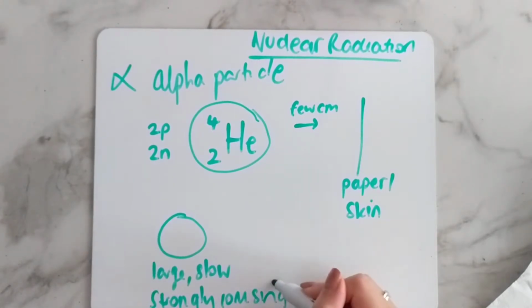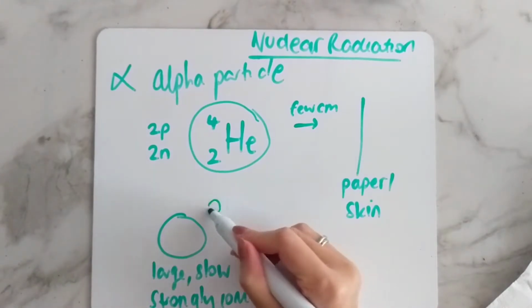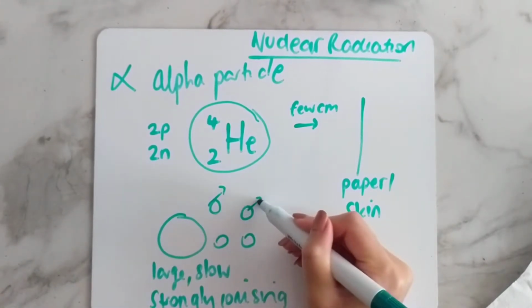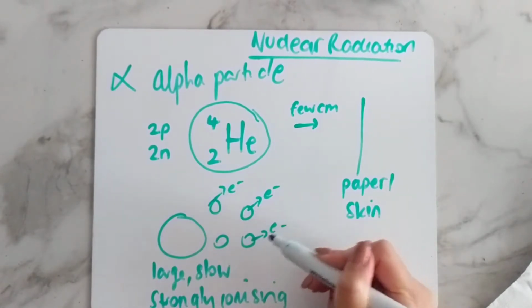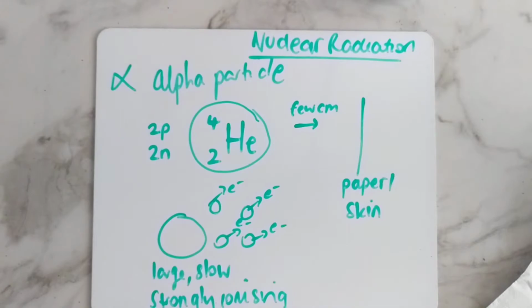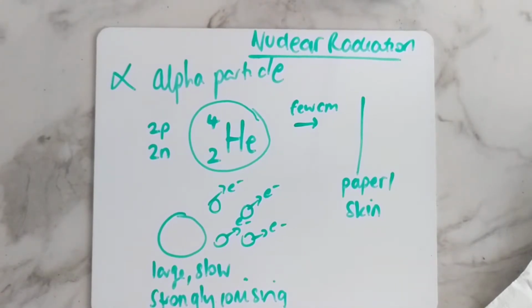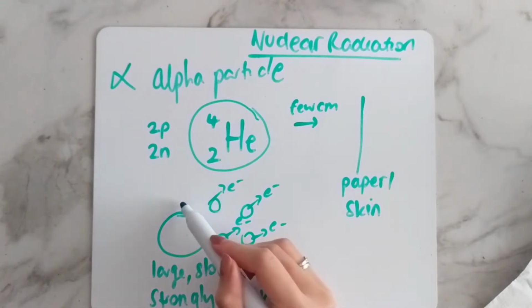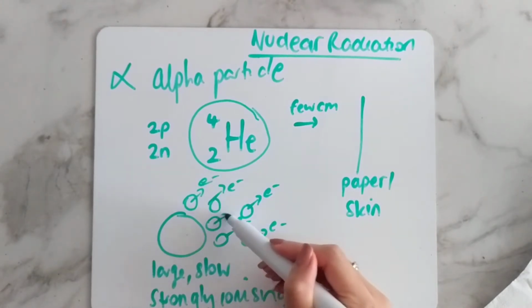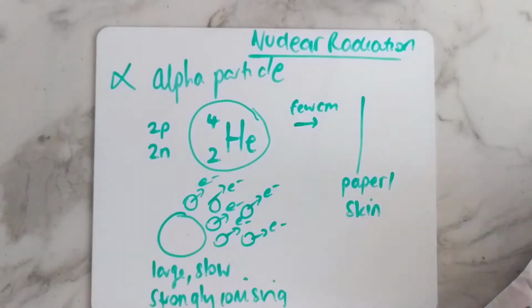What that means is, ionizing means this particle can bump into lots of different atoms along the way, knocking out their electrons, causing other atoms to turn into ions. This is dangerous, especially in the body, because ionization, knocking out electrons from cells or atoms, can lead to cell mutations, and can lead to cancer, effectively. So because of the size of alpha, it's strongly ionizing. It moves slowly, therefore bumping into lots of particles along the way, knocking out their electrons.